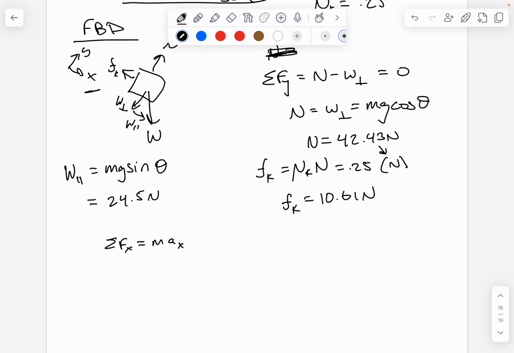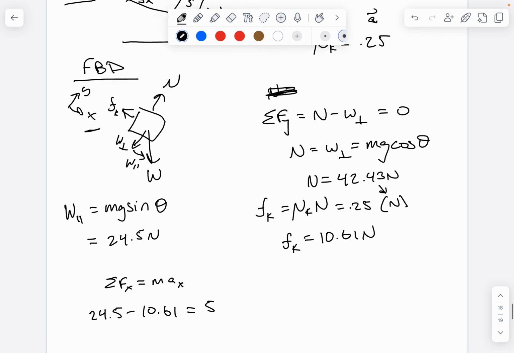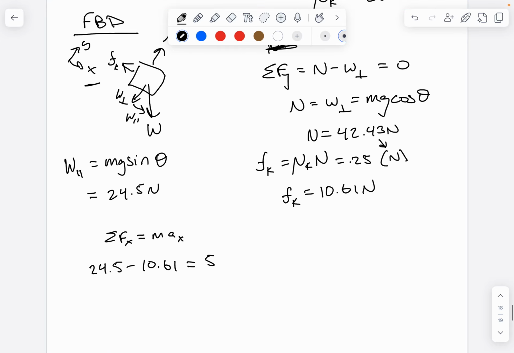Down the ramp is positive, so we have 24.5 minus 10.61 is equal to 5 kilograms times a. Rearrange this, and we get acceleration is 2.78 meters per second squared.